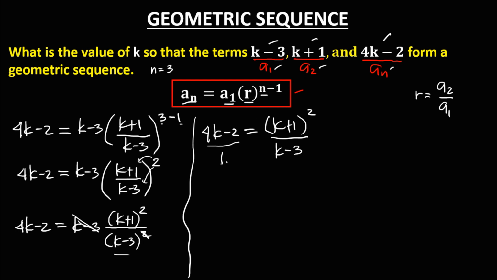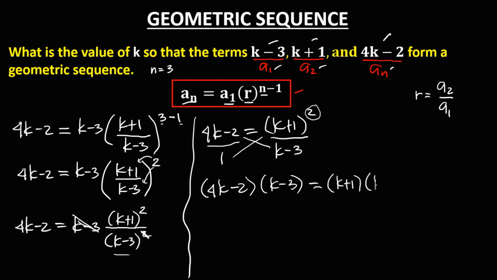So just put denominator 1, then multiply, and this becomes 4k minus 2 times k minus 3 equals, and since this is k plus 1 to the power 2, we can write this one as k plus 1 times k plus 1.